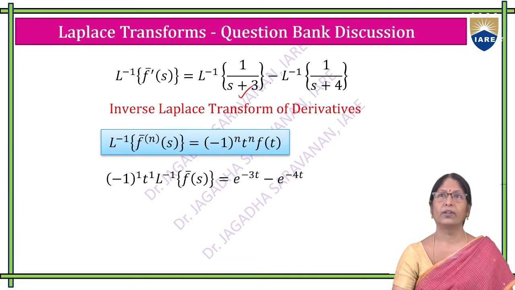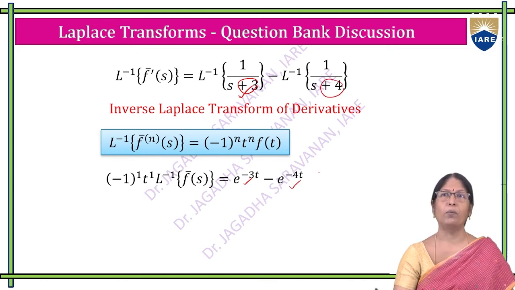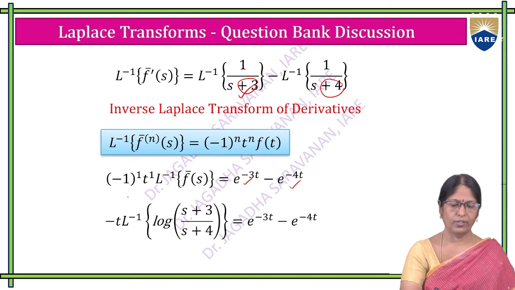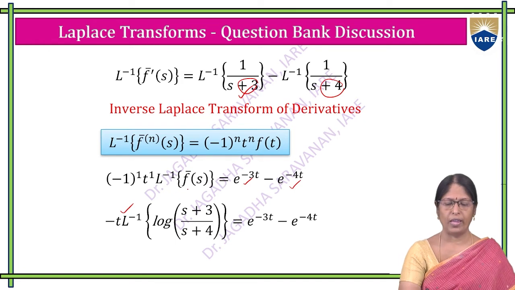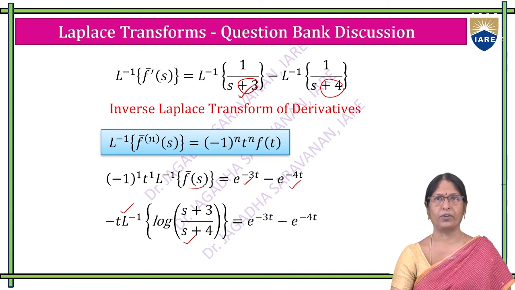This is e power minus 3t, because plus 3 is there, and for plus 4 it is e power minus 4t. So this simplification is done with minus t, L inverse of f bar of s, which is the question we have taken. With more simplifications, we will obtain the required result.